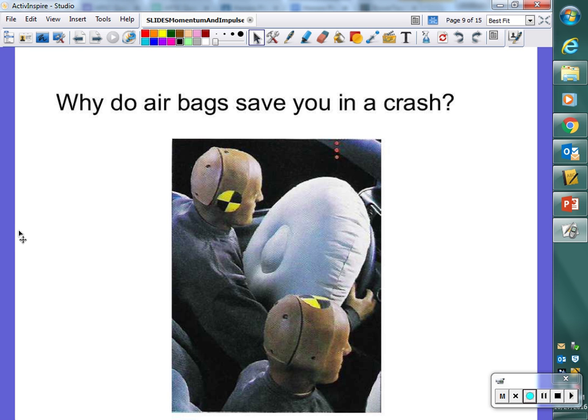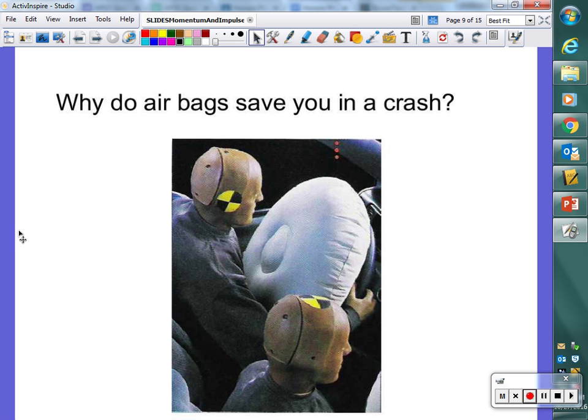If your skull stops because you run into a wall, somebody else's head, a hand, or the ground, your head stops, but what does your brain keep doing? It keeps going, and it runs into the front of your skull, or the side of your skull, depending on which way you get hit. That's a concussion.